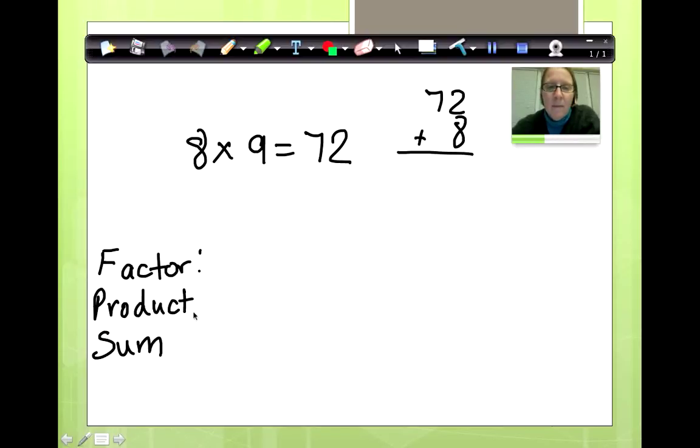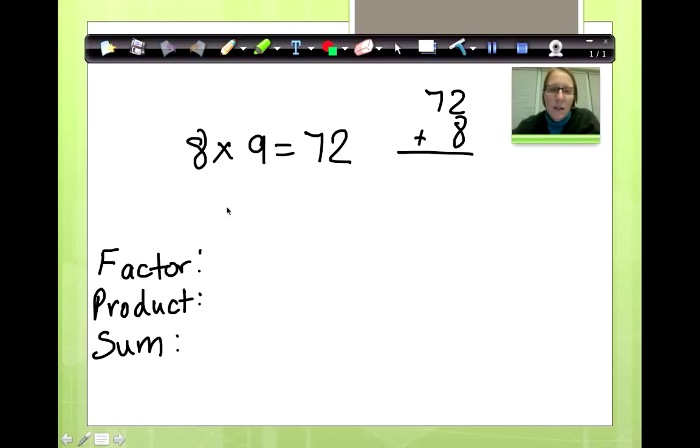Okay. Now, these are all examples of each one of these 3, so we just have to figure out which part is which. A factor is the two numbers that are multiplied together in a multiplication sentence, or two numbers that can be taken out in a multiplication sentence.